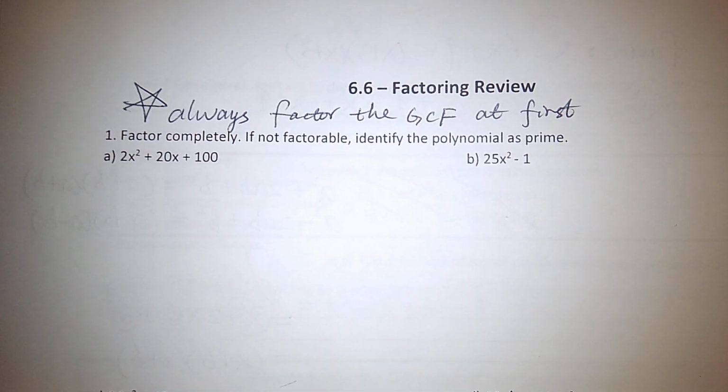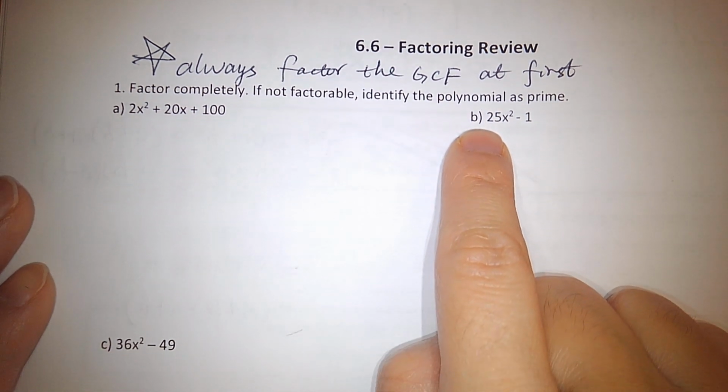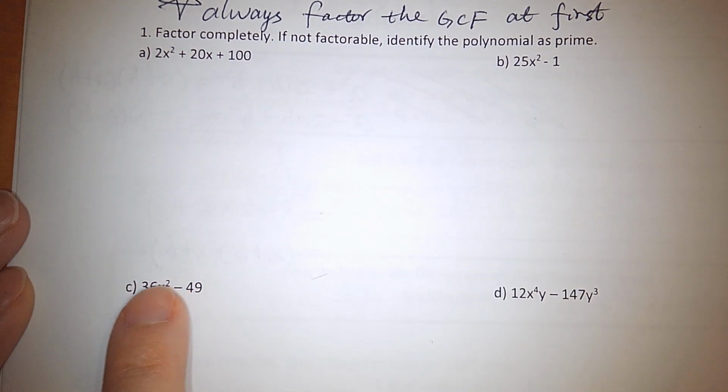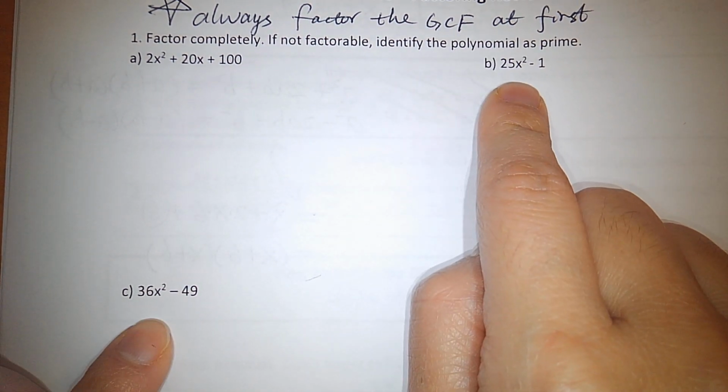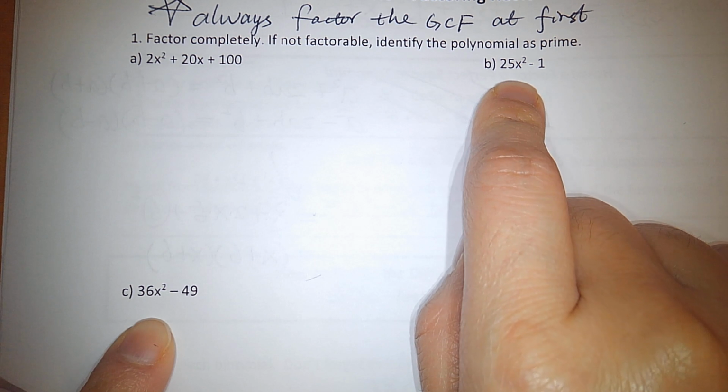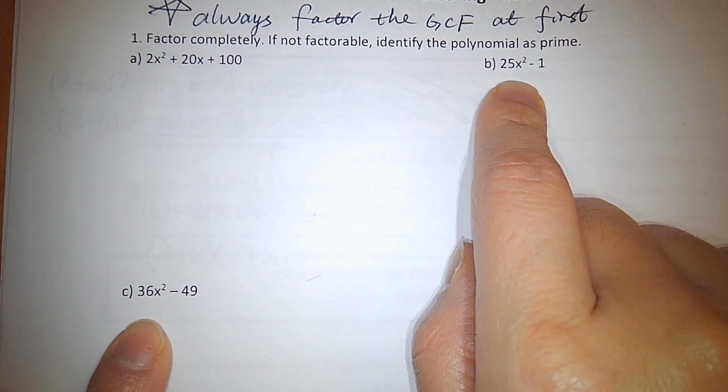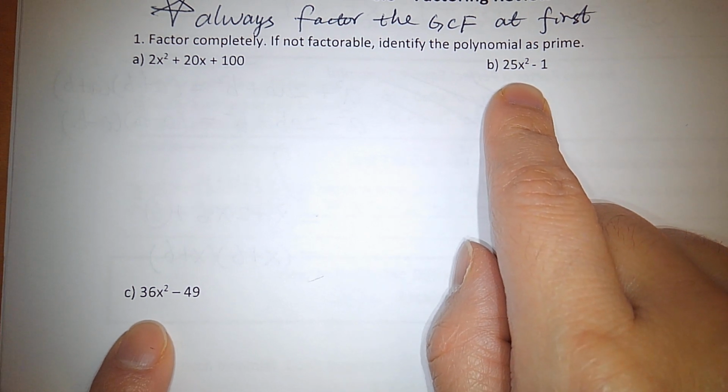Then how to factor depends on whether the polynomial is a binomial, a trinomial, or has 4 terms. If the binomial has 2 terms, after we factor the GCF, we can use what? The difference of squares formula. Remember, a squared minus b squared, right?